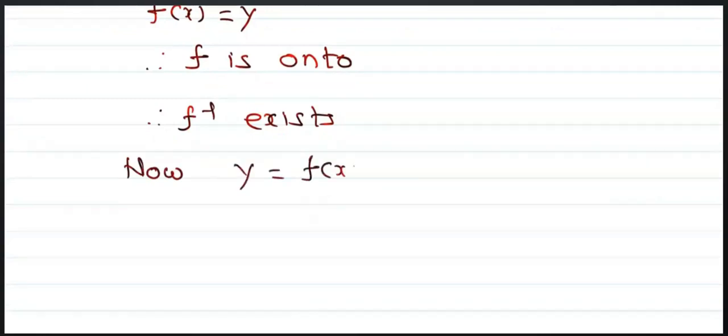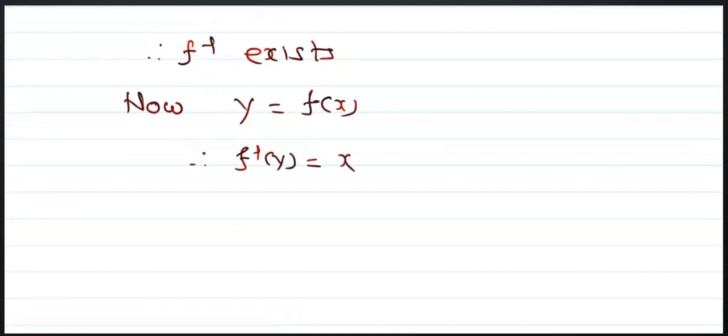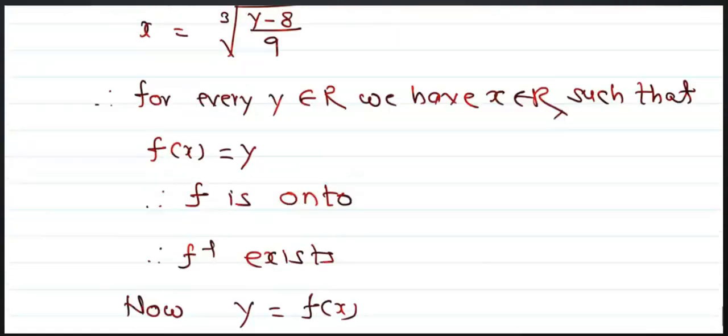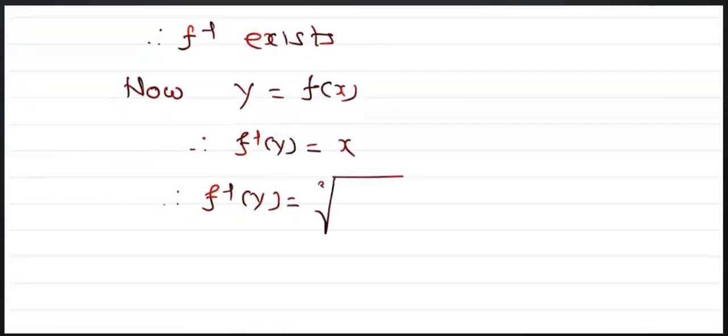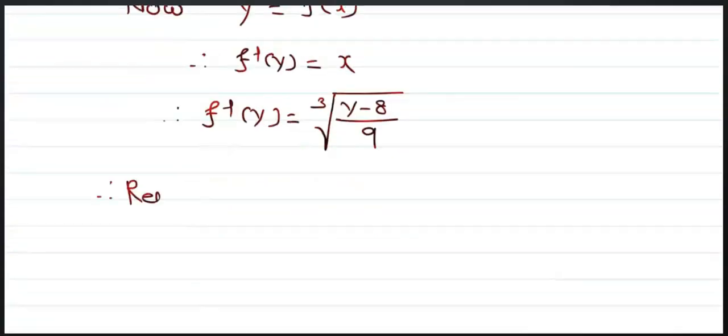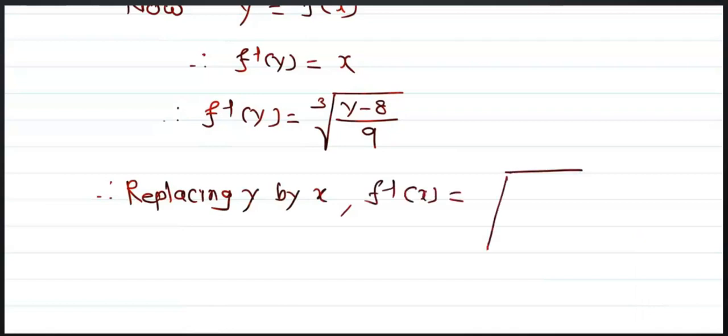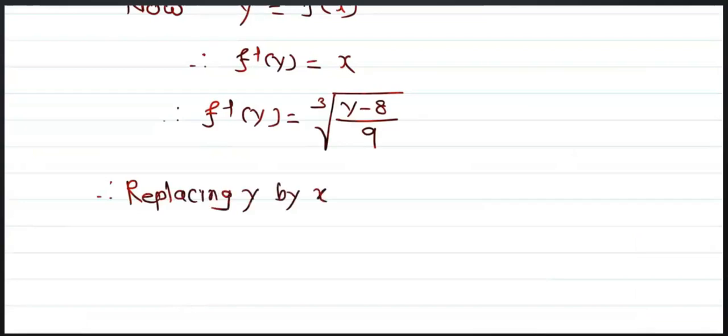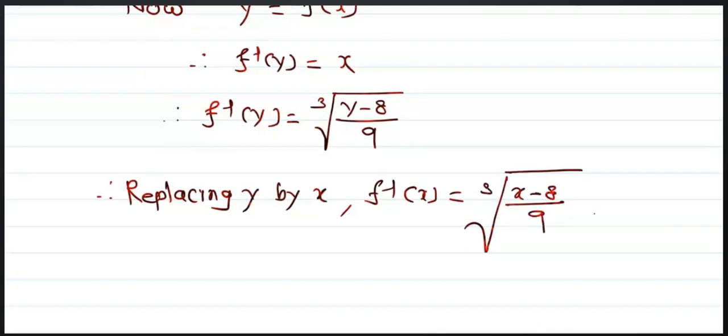That is, f inverse of y is equal to x, which is the cube root of (y minus 8)/9. For f inverse of x, we replace y by x. Therefore, f inverse of x is the cube root of (x minus 8)/9.